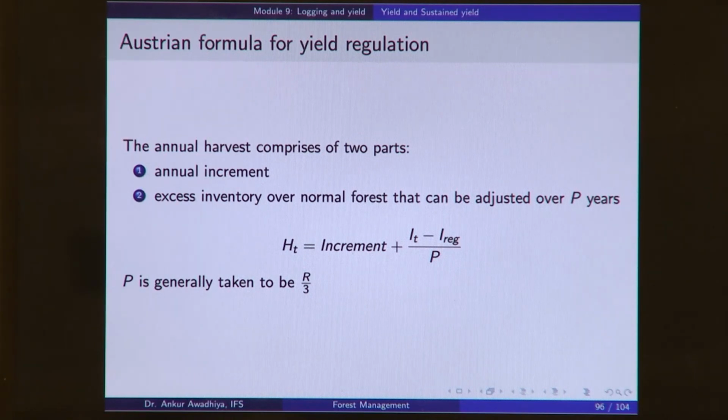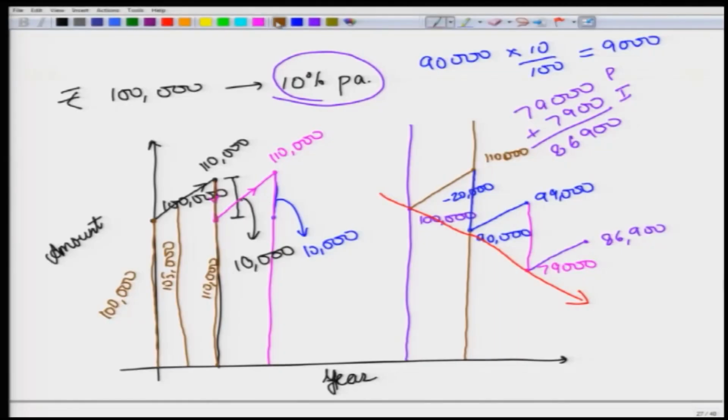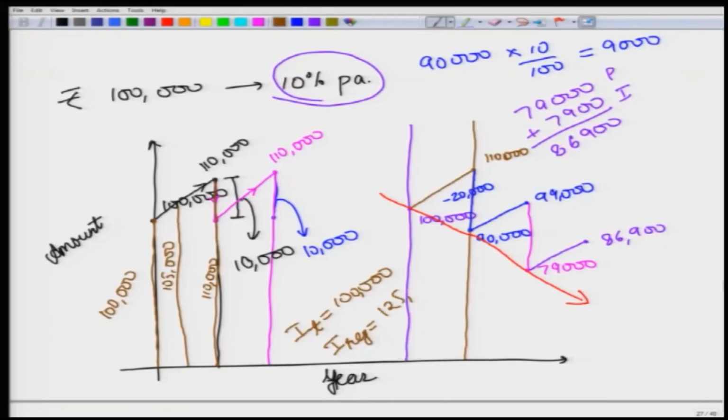So, suppose in this example, if we wanted to put these values, we have I t is equal to 100,000 rupees, I reg, suppose I want to have more amount of money in my forest, in my bank account. Suppose I want to have 125,000 rupees and I want to change this 100,000 to 125,000 over a period of say 20 years.